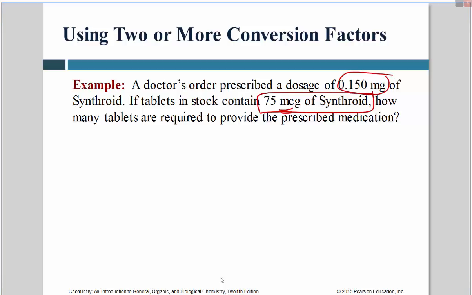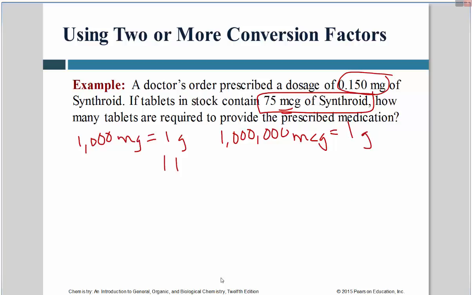So 1,000 milligrams is equal to 1 gram, and 1 million micrograms is equal to 1 gram. Okay, so now we can get from milli to micro. Now the next thing we need to do is figure out how many tablets to get. So for every 1 tablet, there are 75 micrograms.